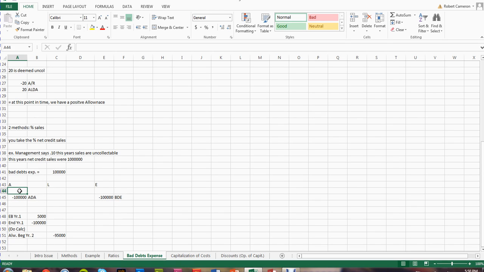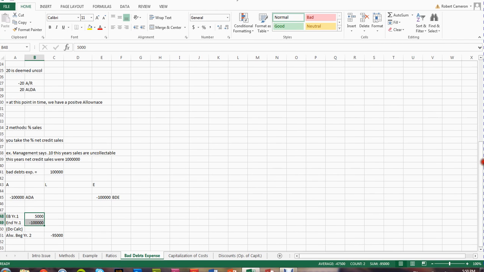It doesn't matter. We don't adjust for it. All we do is this entry, and then the actual amount in our allowance account is just the ending balance of the prior year plus what you're adjusting for this upcoming year.